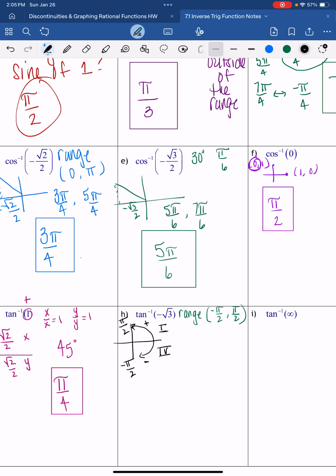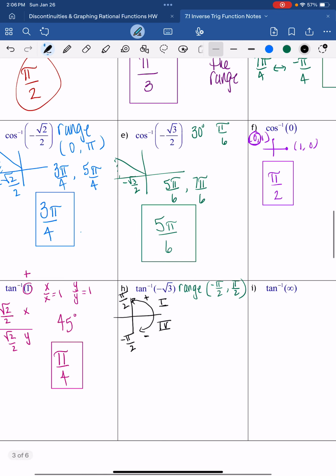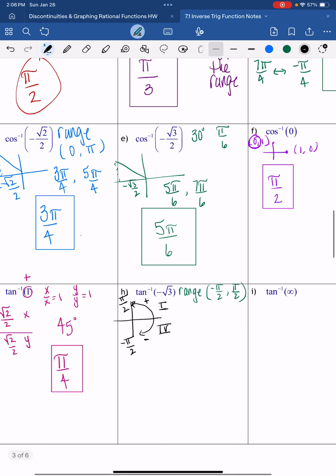Now you've got to figure out when you divide sine over cosine, how am I going to end up with negative root 3? I want my sine and my cosine to end up being negative root 3, the same thing as negative root 3 over 1. You've got to play around with it. Who has a sine of negative root 3? Well, no one does. But I do know root 3 over 2, that I kind of recognize, and I do know 1/2.